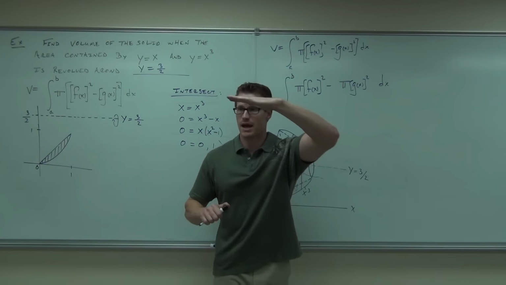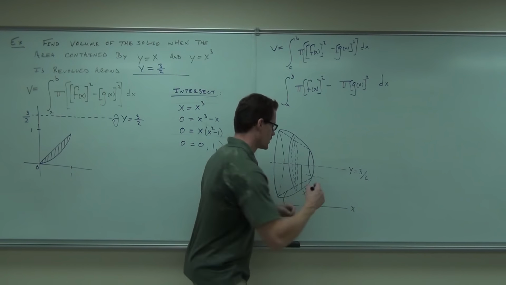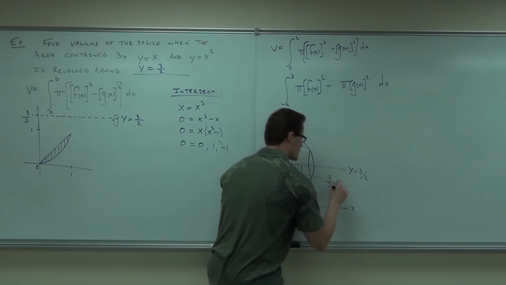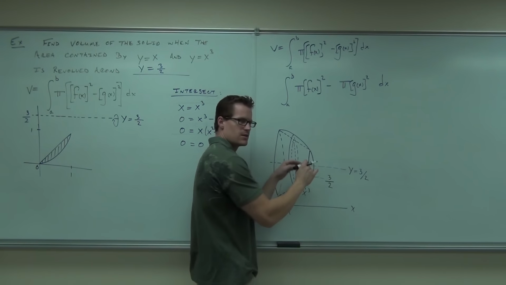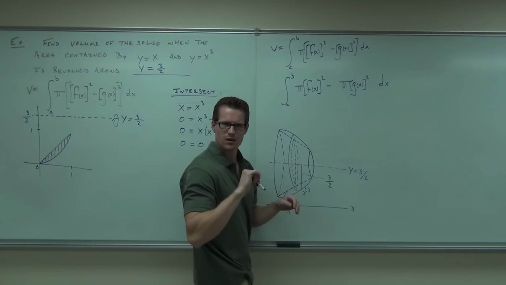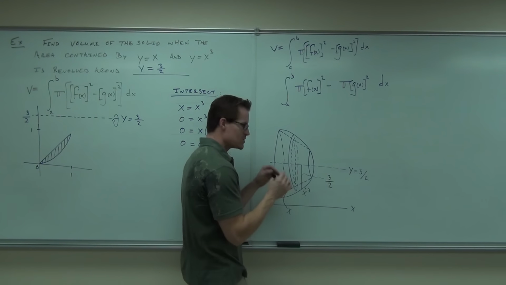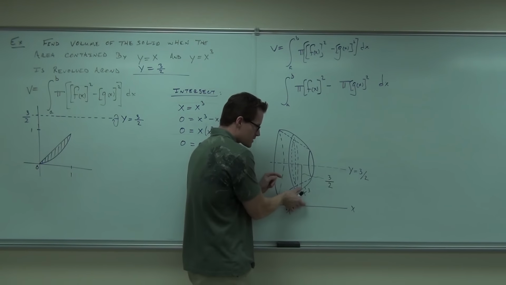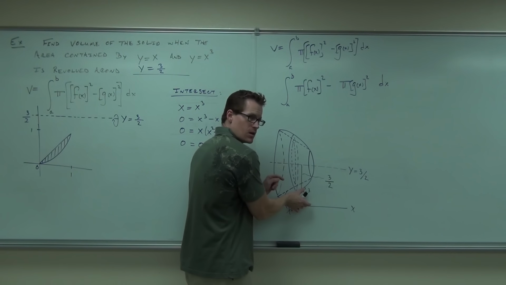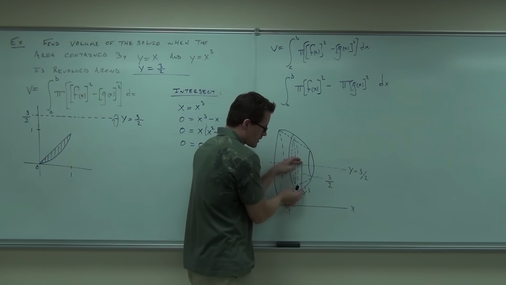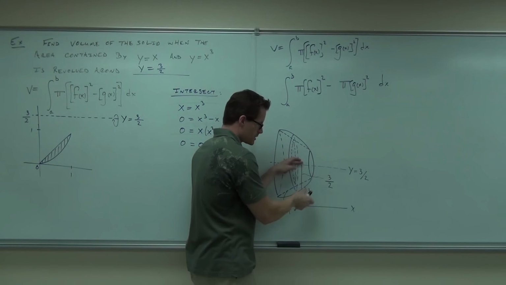It'd have to start with 3/2, wouldn't it? Because 3/2 is a little bit higher. Have to start with the 3/2, and then you said minus what? x cubed. Would you agree that at any point the height of this function is x cubed? Therefore, at any point, the distance between here and here is 3/2, our constant, minus x cubed.